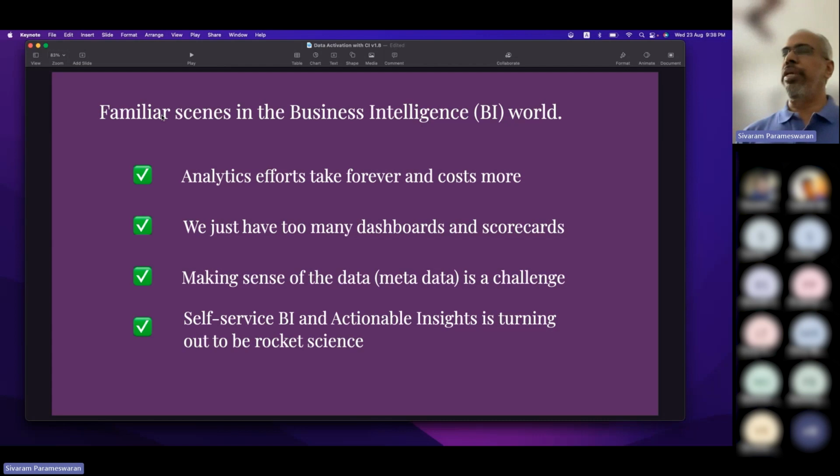And the last one, self-service BI, or the BI report produced with much less technology team help, taking it closer to the business users. That area is still way too complicated.